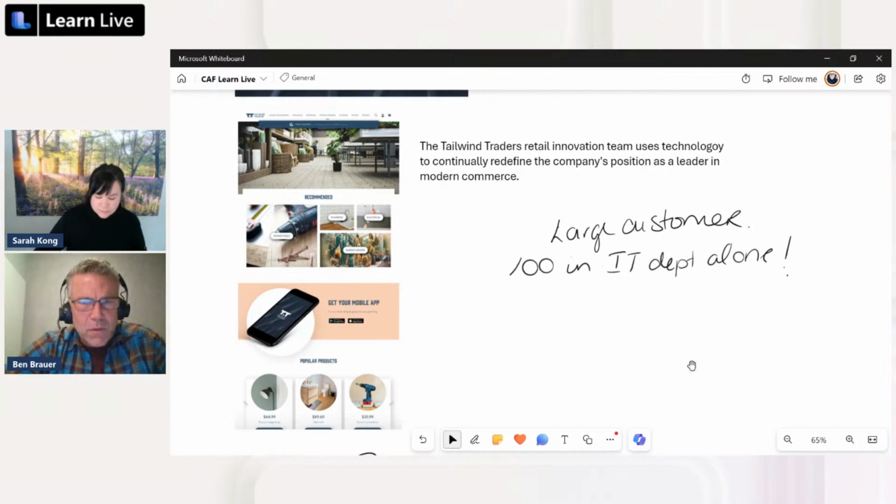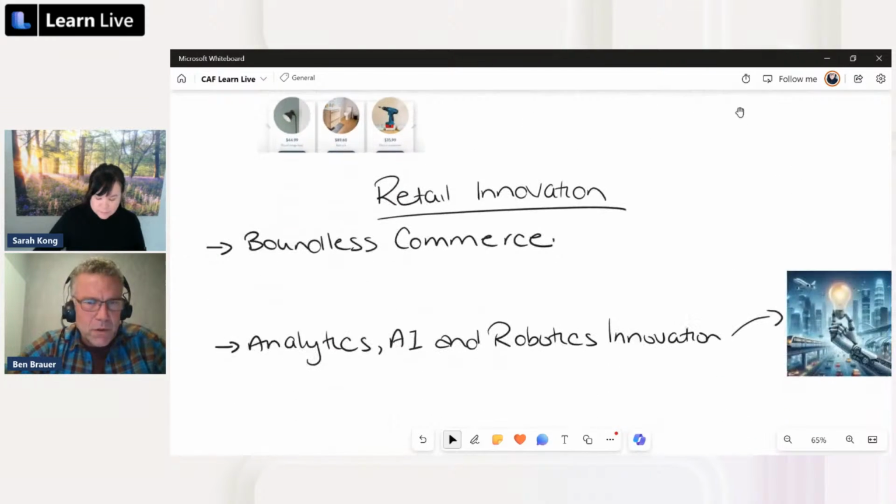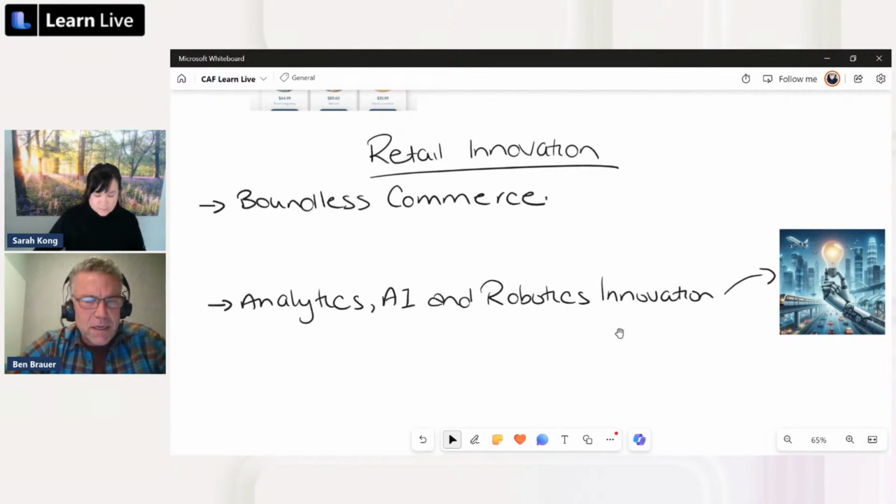They are really thinking about their CIO, who just came on board. The previous one had retired, and now there's a new one. They're really trying to understand how to go about innovating, and innovation comes in two ways here.